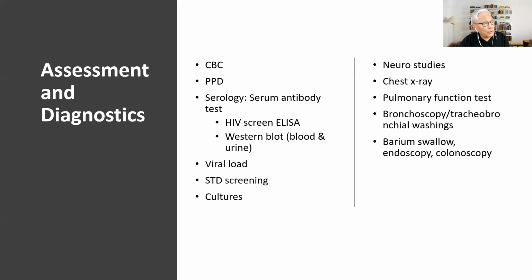So it would include also chest X-ray, pulmonary function tests, neurologic studies as appropriate, and then barium swallow, because you remember I said that Kaposi's could be present in the GI tract as well. In fact, it's one of the most common causes of uncontrolled diarrhea in patients with AIDS.